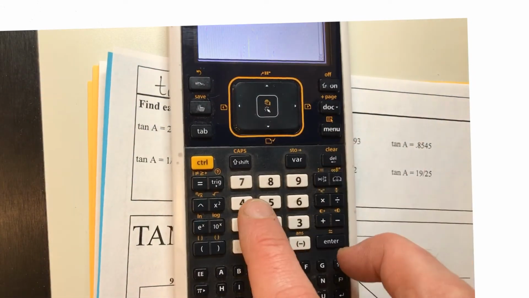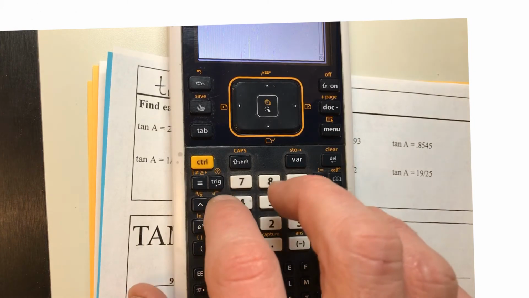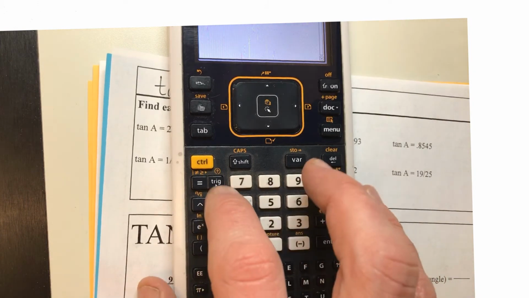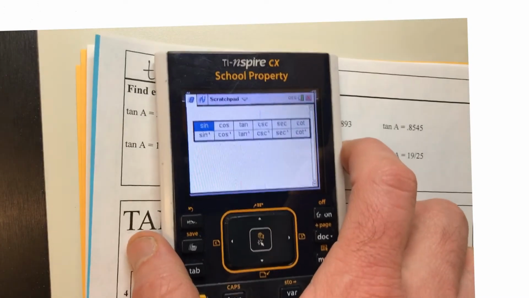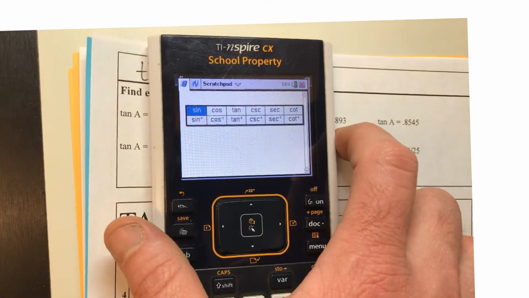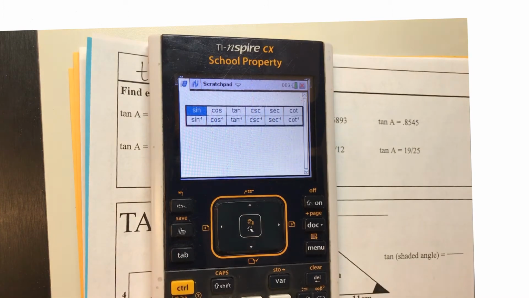All right? So, back to your calculator. If you'll notice right next to the number 7, you see that button that says trig? That's short for trigonometry. Push that button, and it's going to bring up this menu. We have sine, cosine, and tangent, although today and Thursday, we're only going to do tangent just to get you introduced to what's going on here.